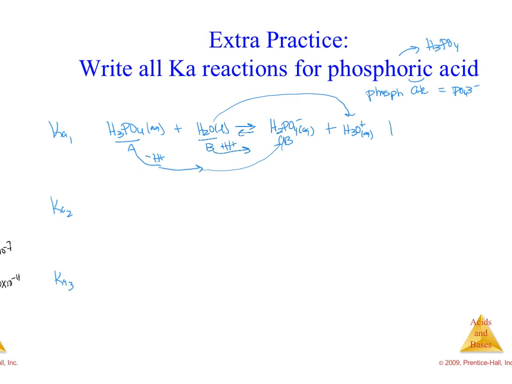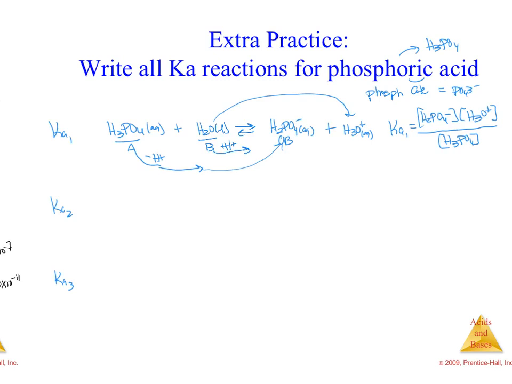And then let's write my Ka expression also. So Ka1, products over reactants, H2PO4 minus times H3O plus divided by H3PO4. Okay, that's my Ka1 reaction.